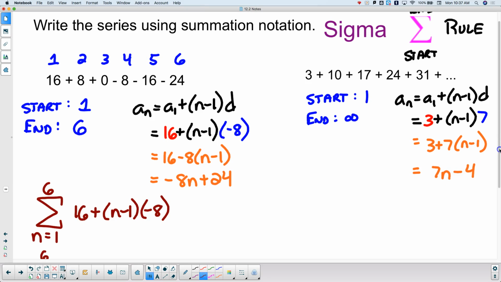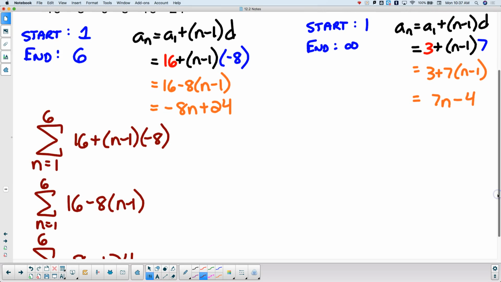So the sigmas would be from n equals 1 to infinity of 3 plus n minus 1 times 7.